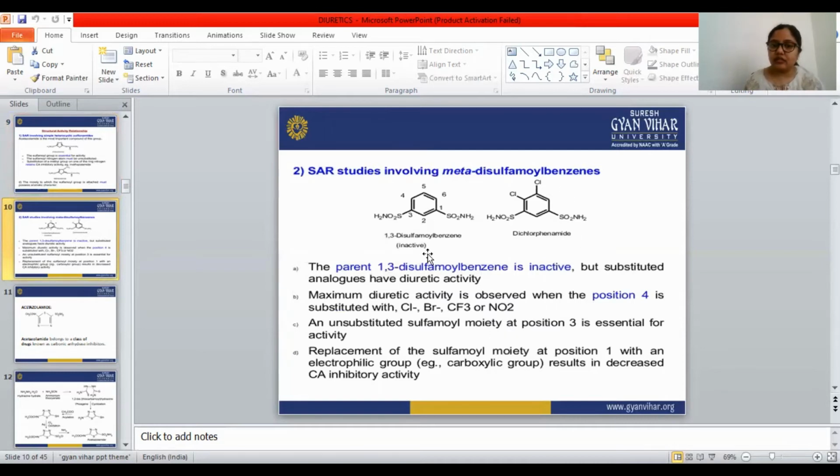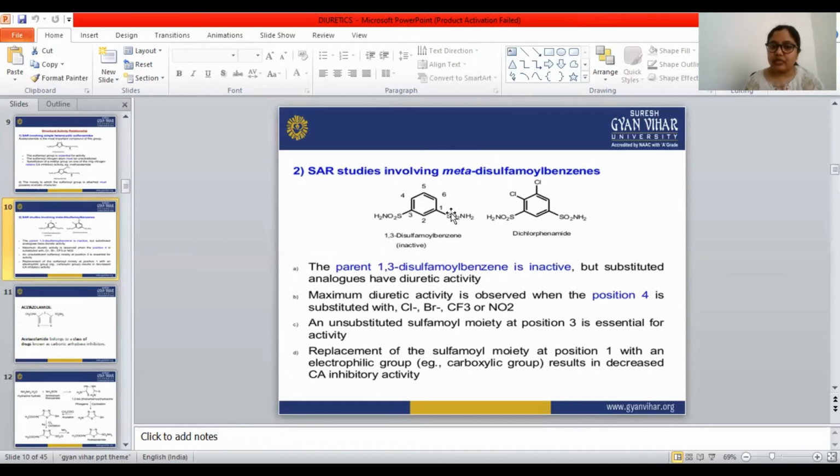The next category is meta-disulfonyl benzene. There is a benzene ring and two sulfonyl groups, SO2NH2, and this third position sulfonyl group must be unsubstituted.